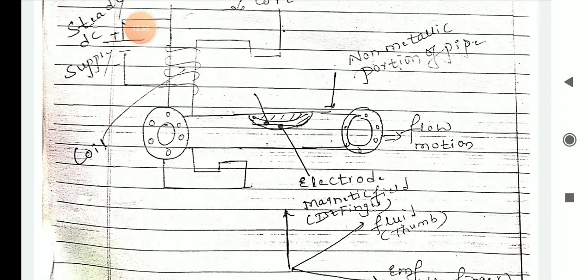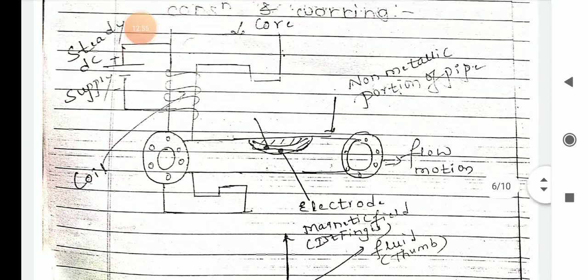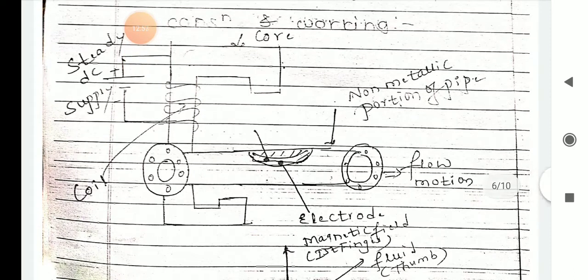As the fluid passes through the pipe, so this is a very important part, according to Faraday's laws of electromagnetic induction, EMF is induced across the electrodes and is proportional to the velocity of the fluid.